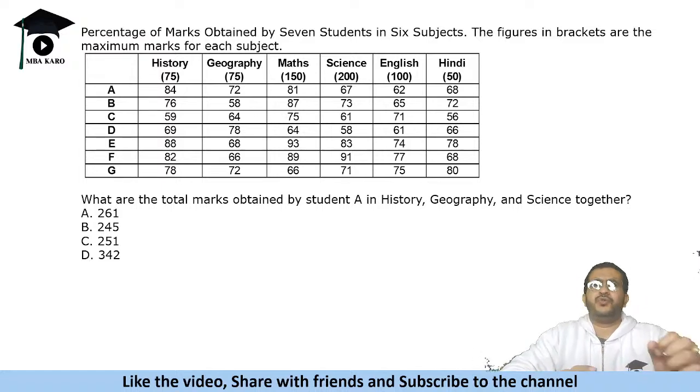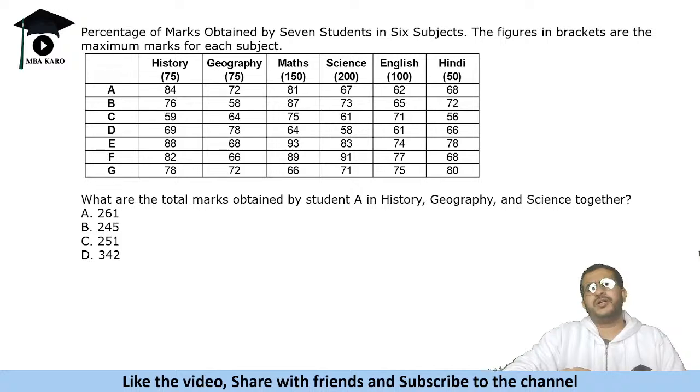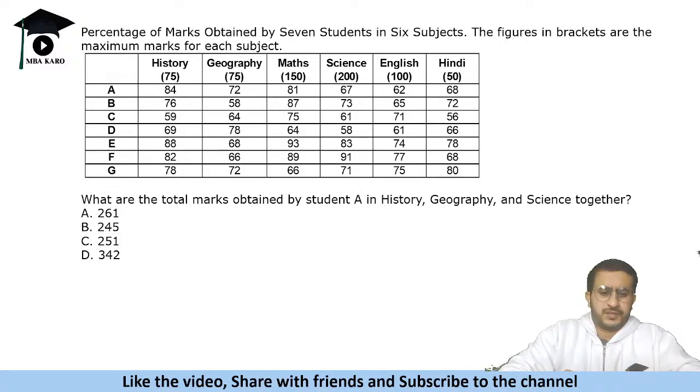So 20 to 25 in quant and English, and in reasoning it will be somewhere like 20. You can see 20 to 25 in three sections, altogether roughly 65, this is how it will be.